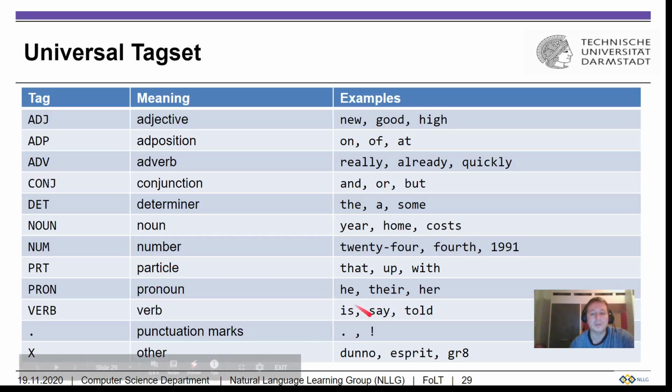We have pronouns: he, their, her. Verbs, punctuation marks, and then a real rest category. Particle is a linguistic rest category, but here the other category may be other stuff that is not easy to classify in a language.